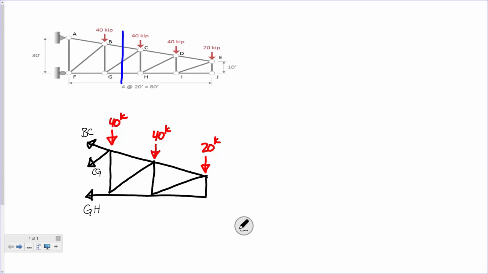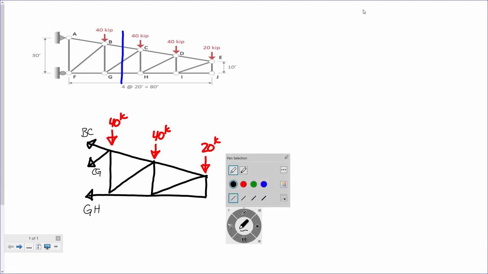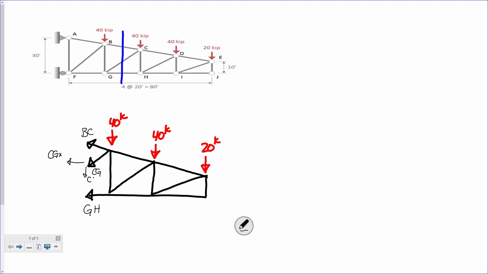I have this horizontal component, we'll call this CGX. We'll call this component CGY.